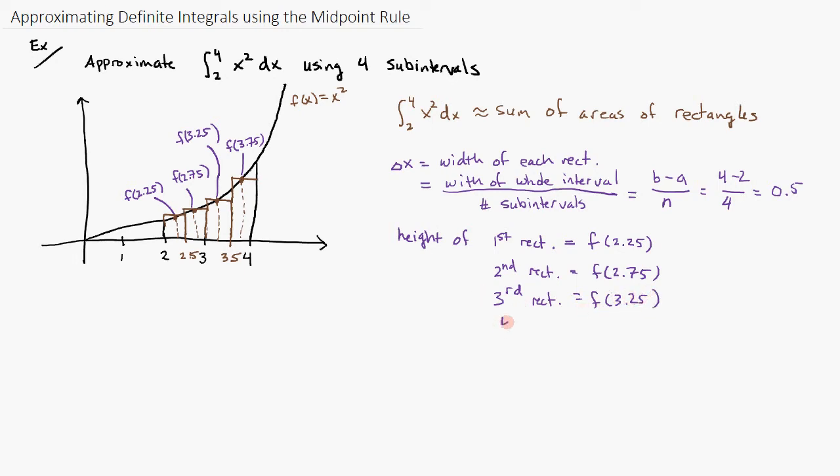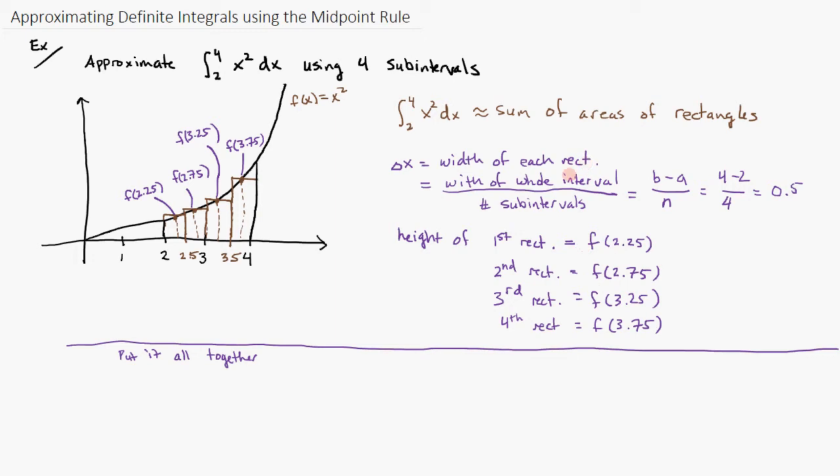And the fourth rectangle is the function value at 3.75. Okay, so now that we have the width of all the rectangles and the height of all the rectangles, we're ready to put it all together.